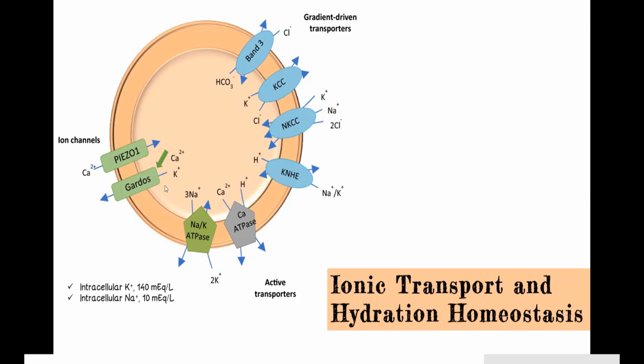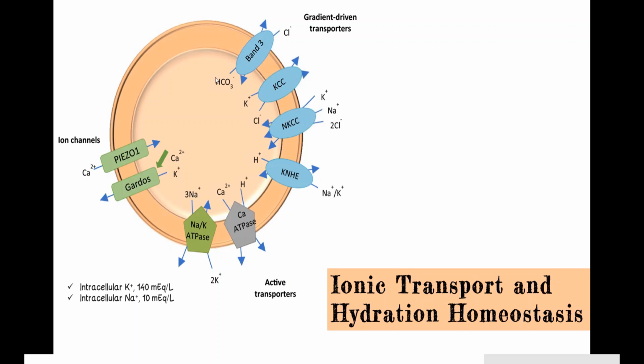Okay? It will diffuse potassium out of the cell, and in the process, calcium will be diffused out of the cell also. How so? This is because the Gardos channel is calcium dependent. So when an ion is exported out or in of the cell, the calcium will also follow in and out of the cell.